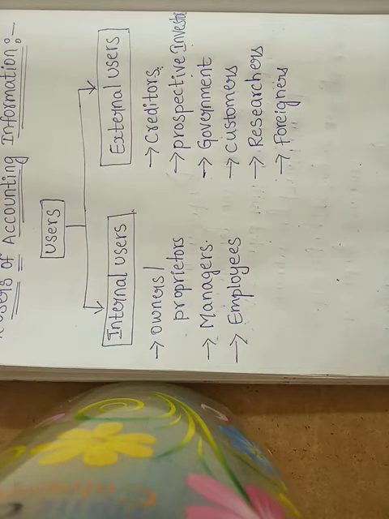A prospective investor is interested in knowing the financial strength of the business. So if our company is earning good profits and has a good name in the market, then you have to invest some amount of capital in my company.